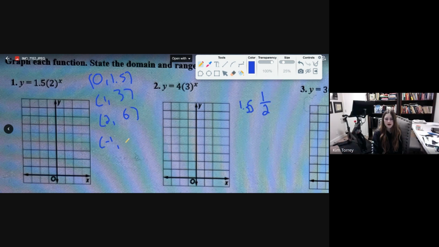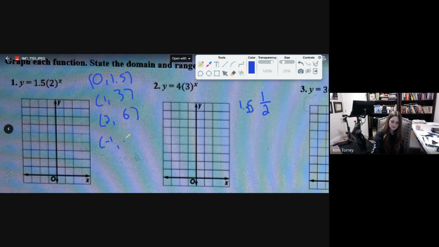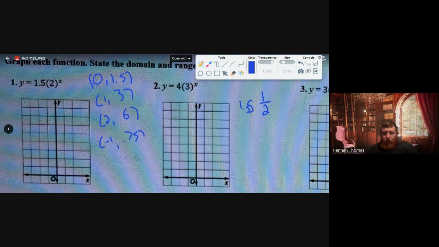Okay. Got that. So do 1.5 divided by 2? Yep. 0.75. And then same thing, when it'd be 1.5 times 1/2 squared.